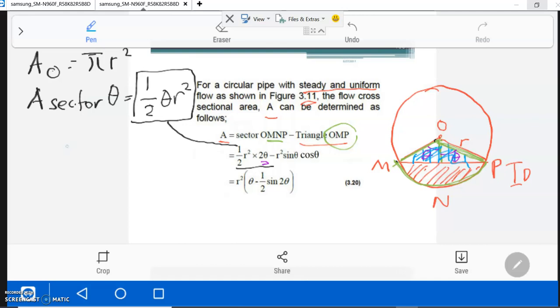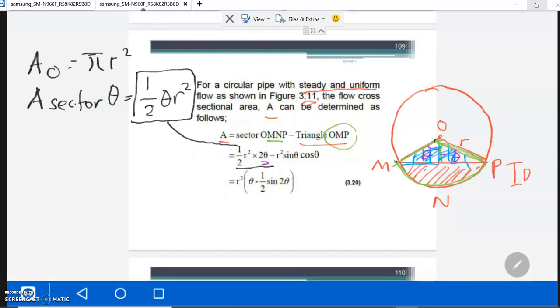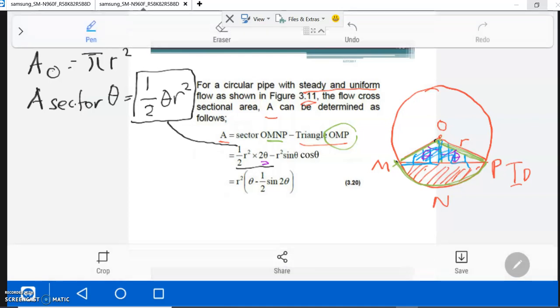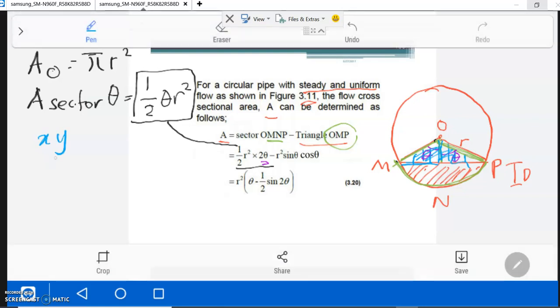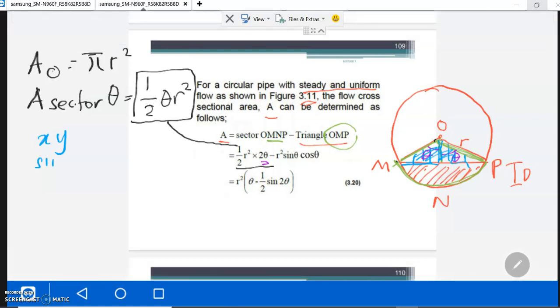Formula untuk triangle, we know that we have x times y, kan? So, x times y, okay, so we have sin theta equal to x over r. Kenapa over r? Sebab r kat sini.